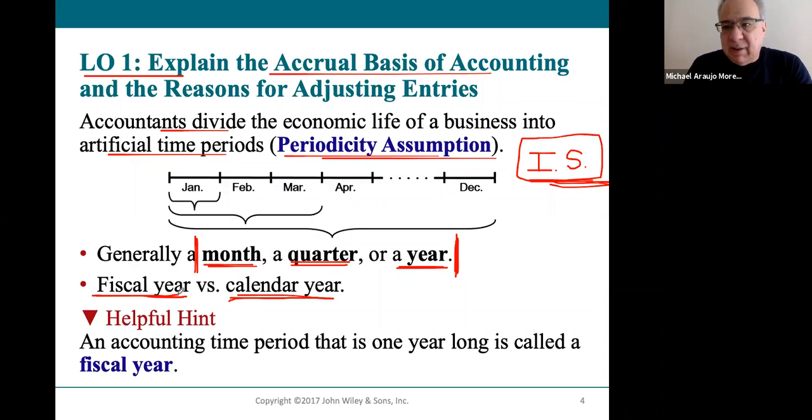It's hard to visit the Vanderbilt estate or other types of places. It's better in the warmer weather. So we have seasonal businesses like motels that are only open for several months of the year, and they close when the weather gets cold, say in the end of October, for example. So they might have a fiscal year that closes October 31st.